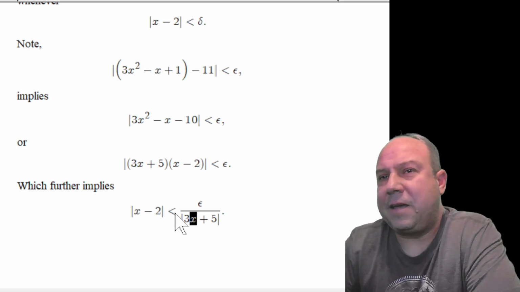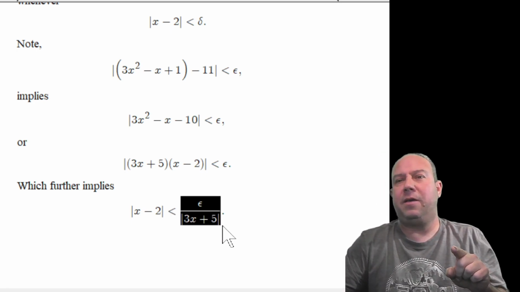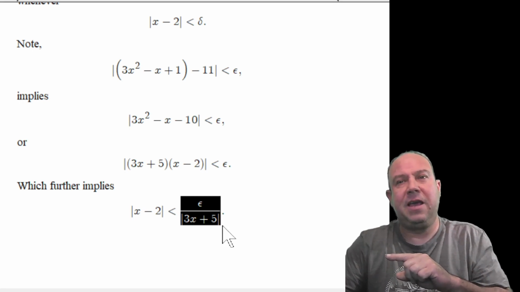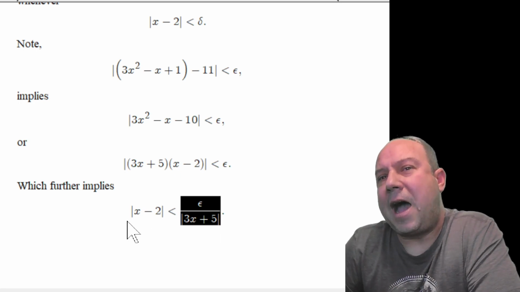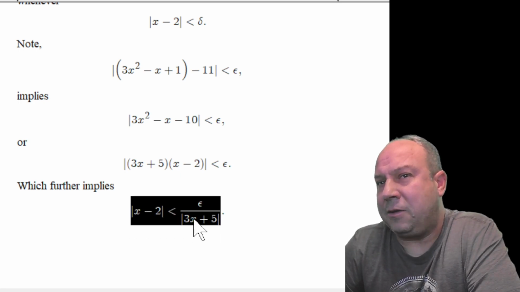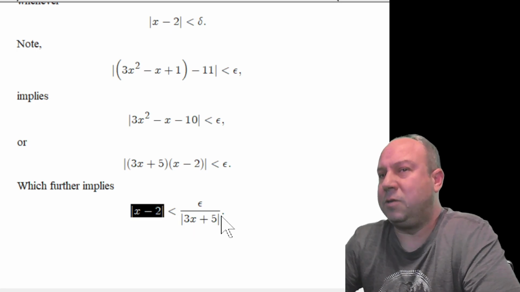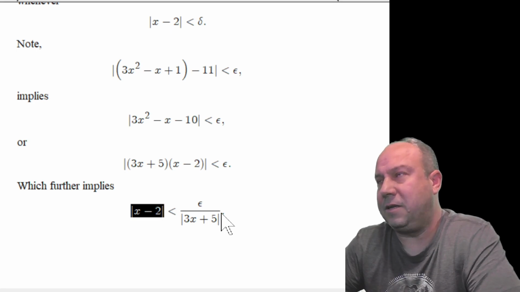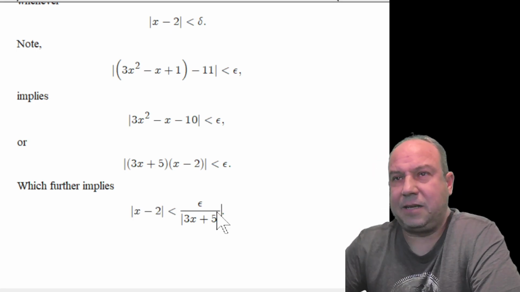Like if I can figure out what this might be smaller than in terms of epsilon alone, I can then choose that value for delta and be able to make the statement that this is also true where the absolute value of x minus 2 is less than that chosen value of delta that relates to just epsilon.